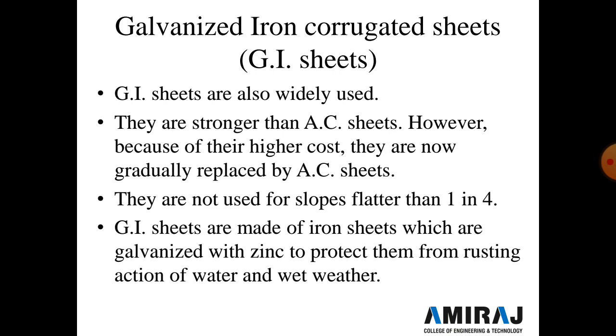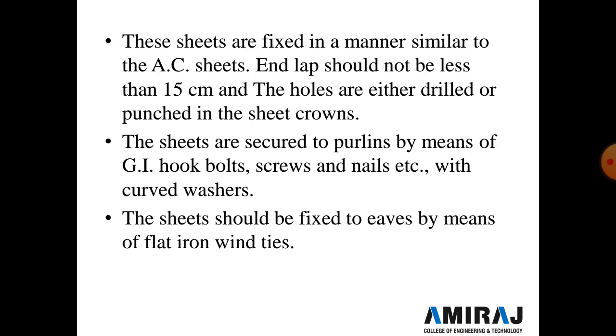GI sheets are made of iron sheets which are galvanized with zinc to protect them from rusting action of water and wet weather. These sheets are fixed in a manner similar to the AC sheets, and laps should be not less than 15 centimeters.